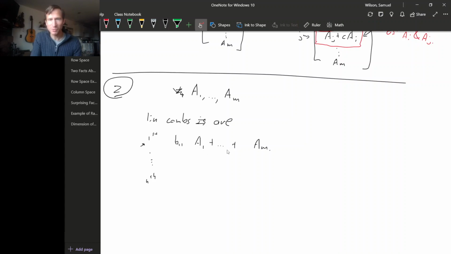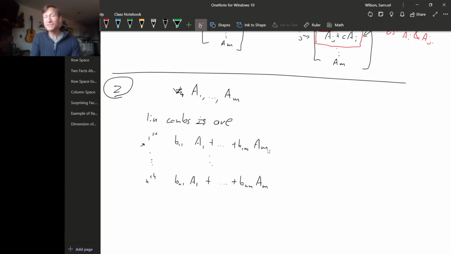So this is B11 down to B1M. And then we have all these different linear combinations down to BN1 A1 plus dot dot dot down to BNM AM. Because of a quirk of how I did the indexing, the n is the first index and m is the second index, but that's okay.